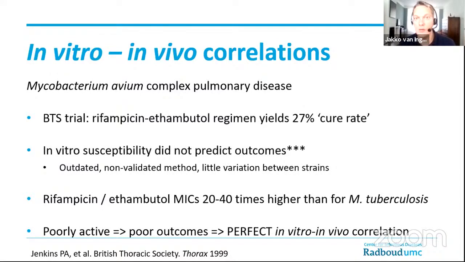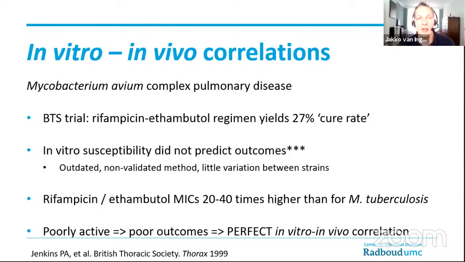Drugs which show very high MIC, so very little activity in the lab, and also very little variation in MIC. So there's no clearly highly susceptible or highly resistant strains. MICs are very stable and very, very high, up to 20 or 40 times higher than in Mycobacterium tuberculosis.